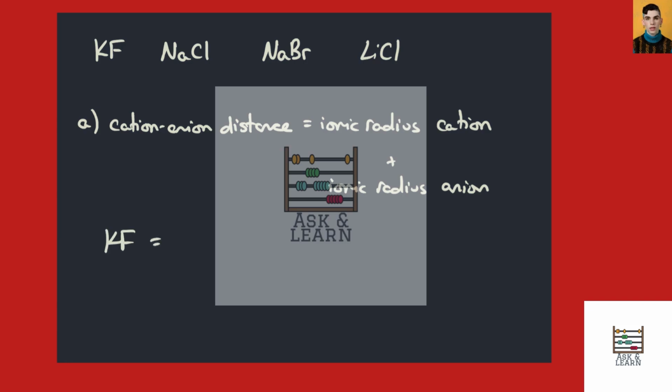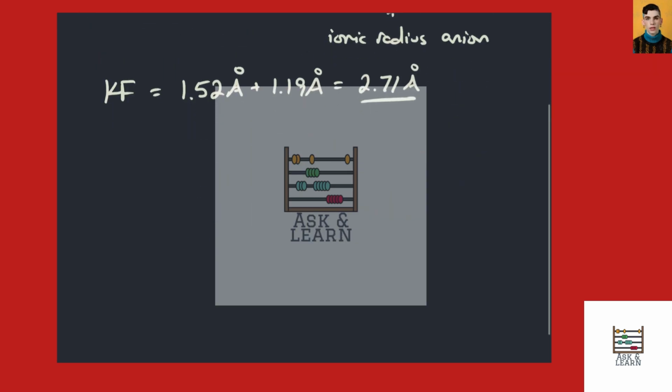So for KF, the cation-anion distance is the ionic radius for K plus the ionic radius for F minus, and this is going to give us a cation-anion distance of 2.17 angstroms.